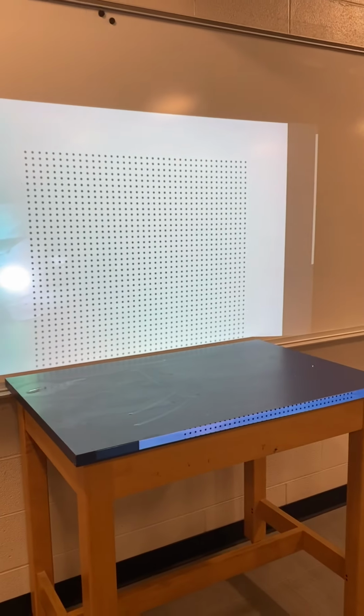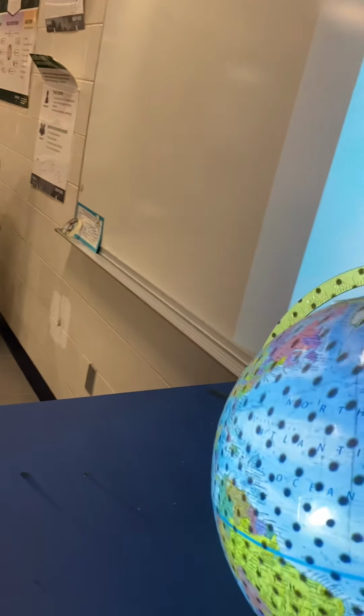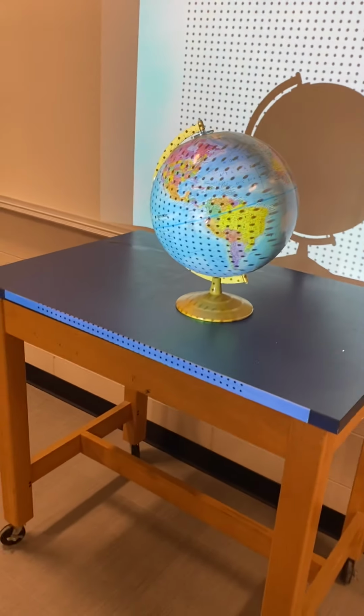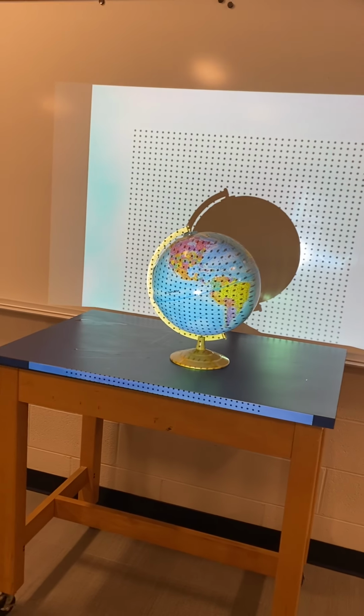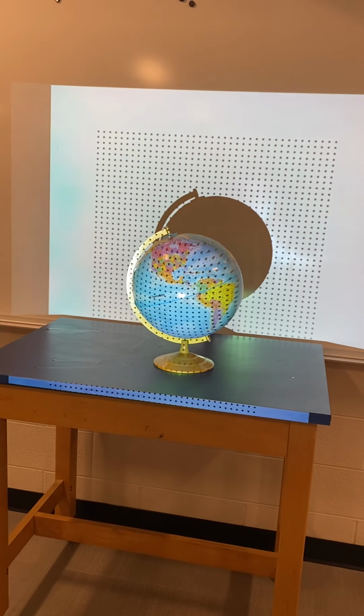But when we put a globe in front of our dots, so let me grab my globe. All right, so now we have the globe in front of the dots. And so you can see that those dots are not evenly spaced anymore.